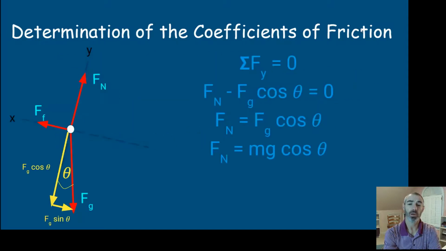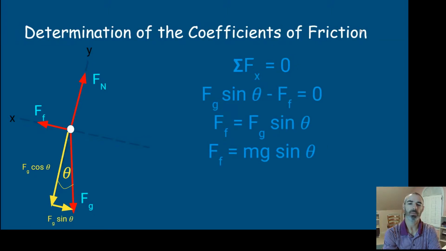From a previous video, we drew this free body diagram on a sloping surface and found that the normal force is equal to mg cosine of theta. And using that same free body diagram, we also found that the frictional force was equal to mg sine of theta.